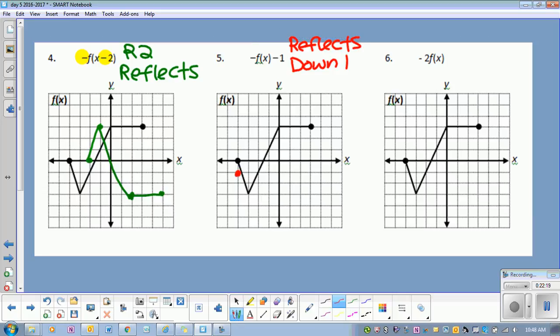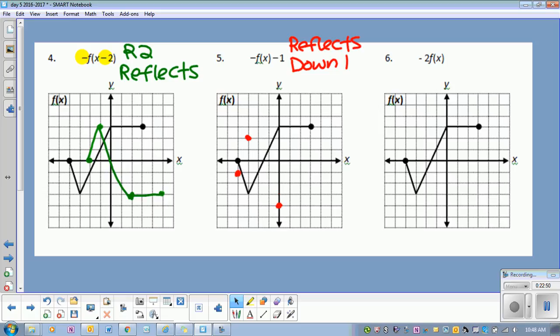So this point, since it's down 3, when I flip it, 1, 2, 3, it goes up 3, but I also have to go down 1. So there we go. And this next point, since it's up 3, when I flip it, it goes down 3, but I also have to go down 1.